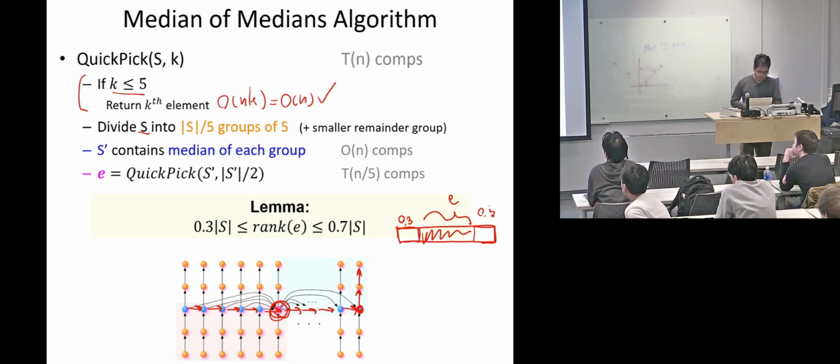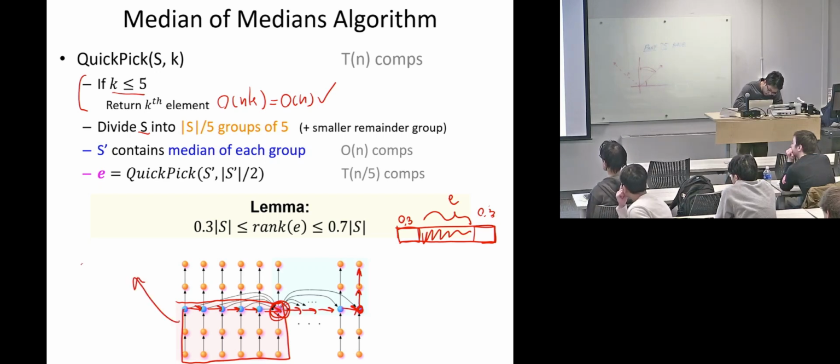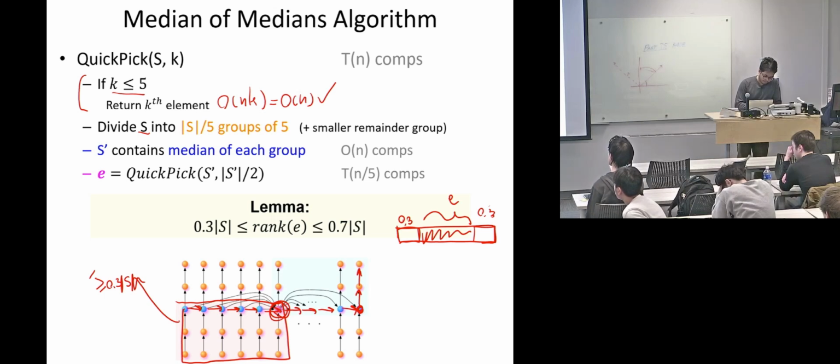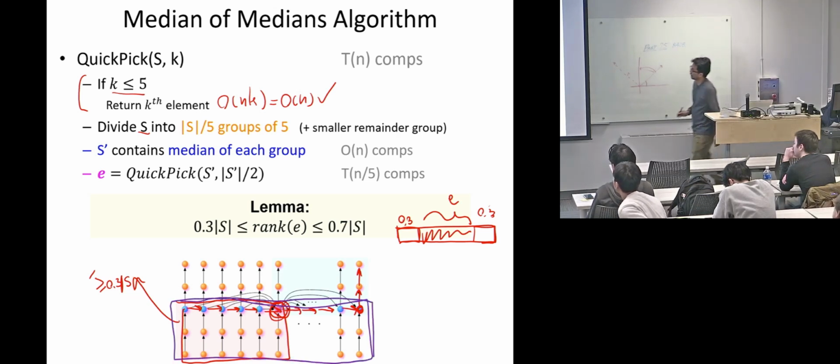So let me claim this. I claim that the size of this red box here is at least 0.3s. Okay, why is that? Let's start by looking at this set.